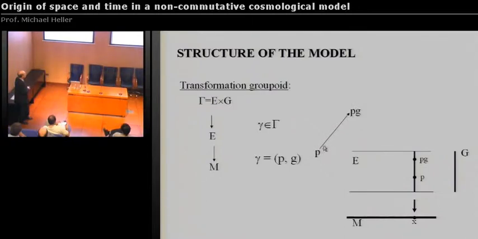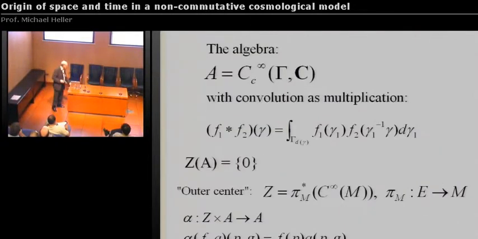And now we construct the non-commutative algebra over this groupoid, which is sometimes called a transformation groupoid. And this algebra is here. This algebra E consists of smooth functions, where this infinity denotes smooth, compactly supported, so the supports of these functions are compact sets, and these functions are defined on this groupoid gamma, and their values are complex numbers.